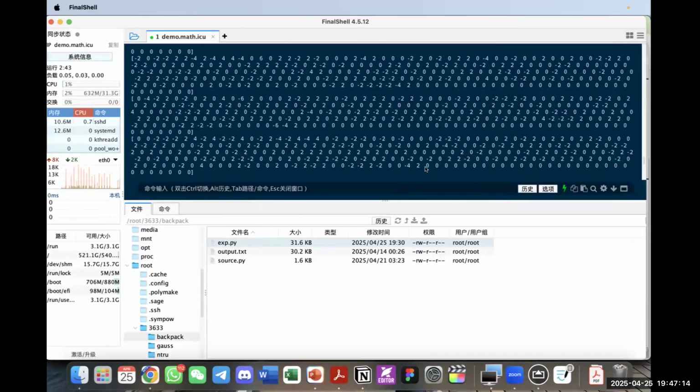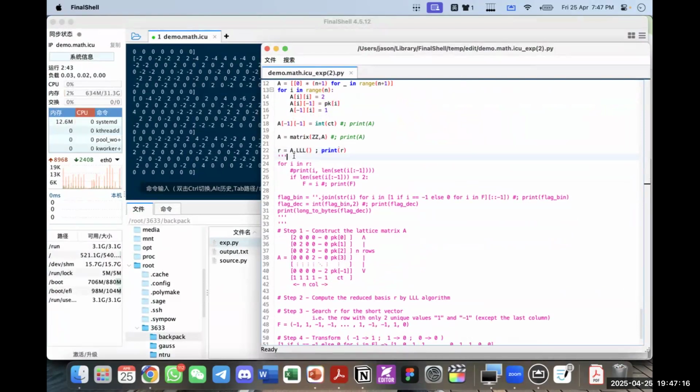This is done by this line. So we will check, i means the ith row in the reduced vector, so for each row in the reduced vector R. Maybe I can also print this out to visualize.